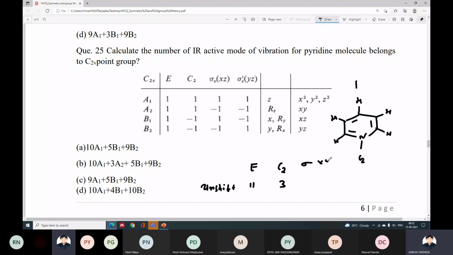If you do sigma x, y, then again 3, and sigma x, z, then 11 unshifted. You know how to write the trace, the summation of the x, y, z contributions. 1 plus 1 plus 1 is 3. 1 minus 1 minus 1 is minus 1. 1 1 minus 1 is 1. 1 minus 1 1. So 33, minus 3, 3 and 11.